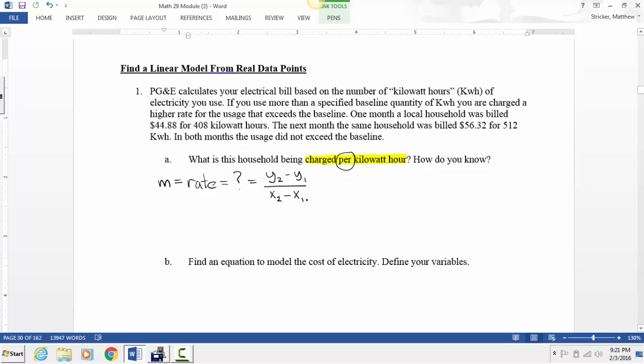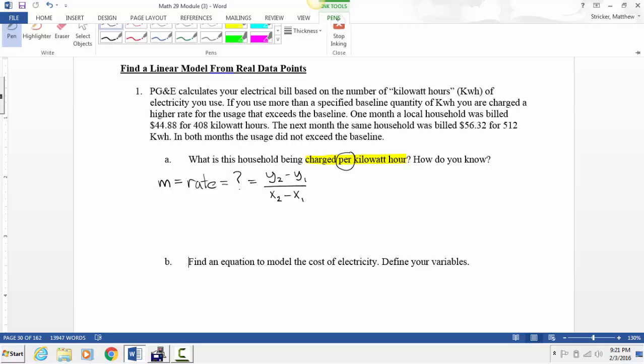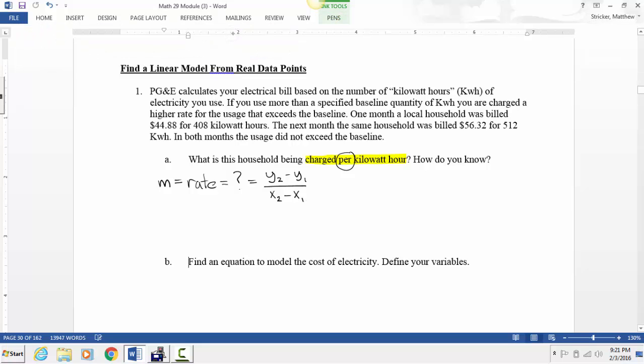But we have 2 points because we are given 2 different scenarios for this family, 2 different months. One month, the bill was $44.88 for 408 kilowatt hours, and then the next month it was $56.32 for 512 kilowatt hours. Now, with that information, what is going to be the X and what is going to be the Y?